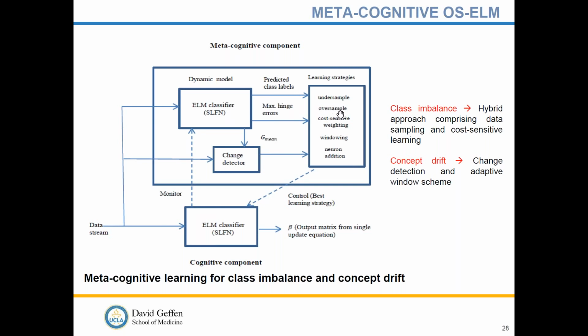It can be undersampling, oversampling, cost-sensitive weighting, windowing, neuron addition. So these are the available ones. You can have other types of learning strategies also, but for our application, we restricted ourselves to these particular strategies. So this metacognitive component controls the learning of the standard classifier.